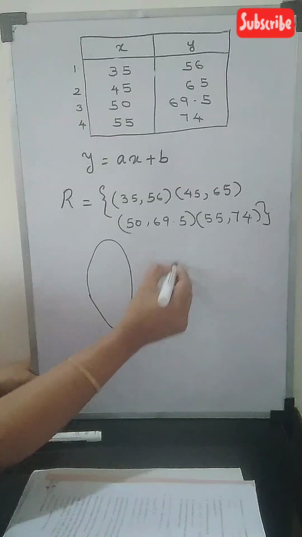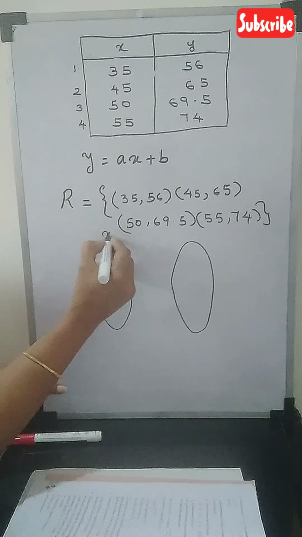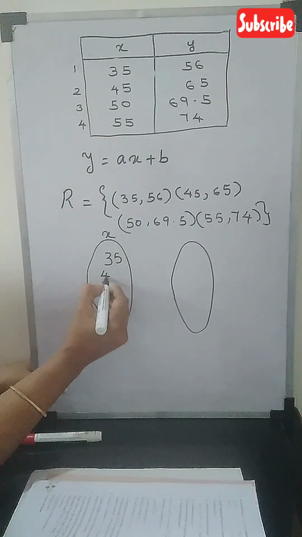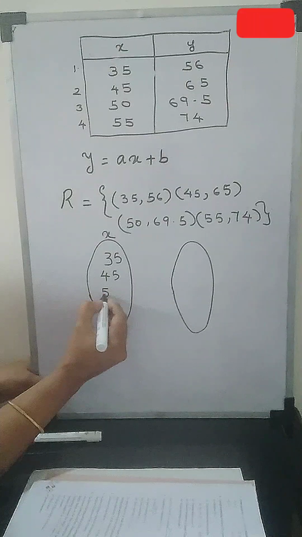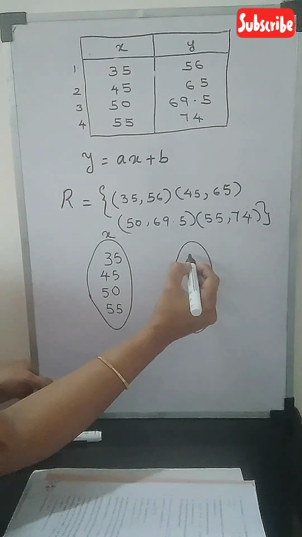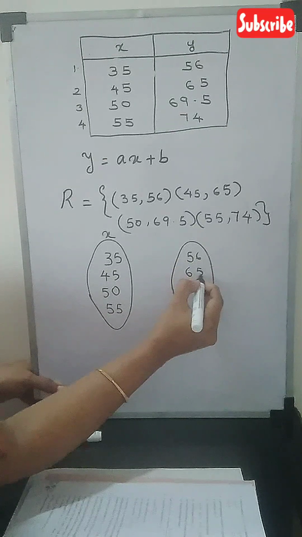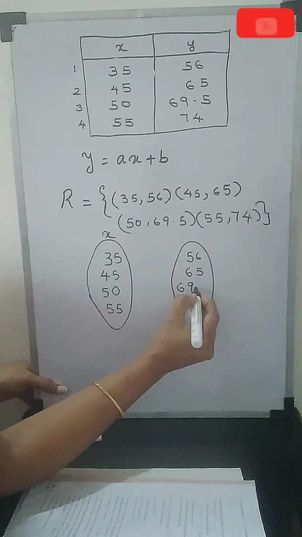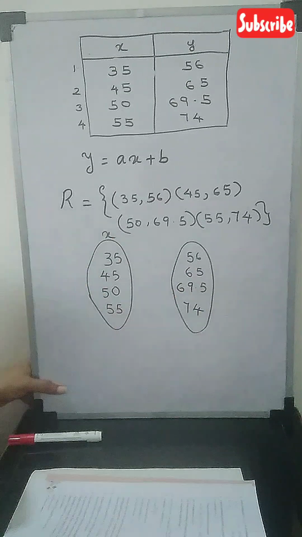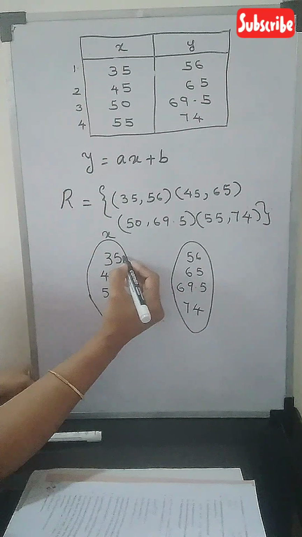So this is our x: 35, 45, 50, 55. In the same way, 56, 65, 69.5, 74.